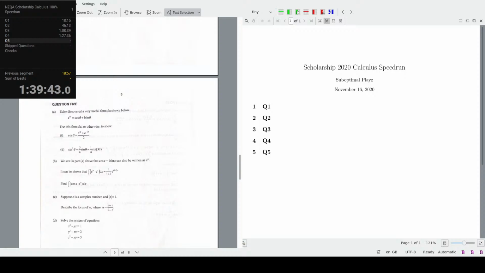I plus x plus iy over... wait, no. It's i plus x plus iy over i minus x minus iy. And then if you just multiply by the conjugate, you should just get stuff.